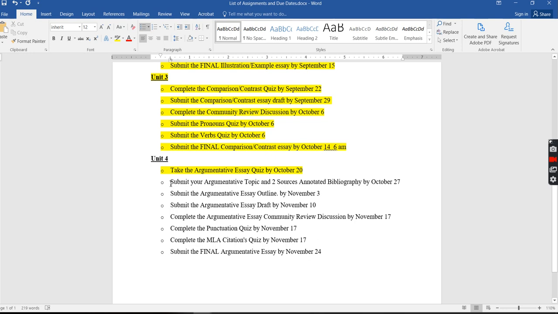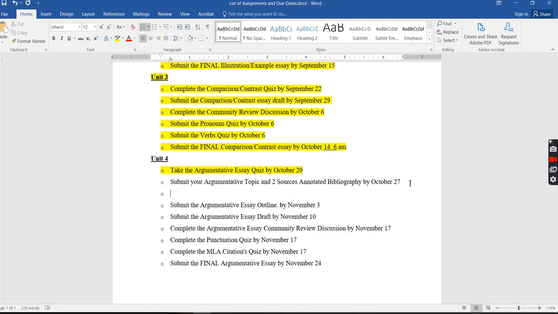I wanted this: submit your argumentative topic and 2 sources. This is not actually a grade. This is something that I would like for you to have emailed me, all right? It's not a grade because it's not in the grade book. The grade book is, for the most part, pre-set up by the college and the state.